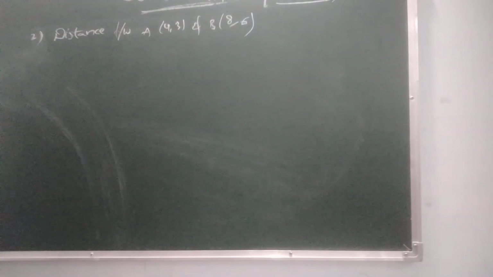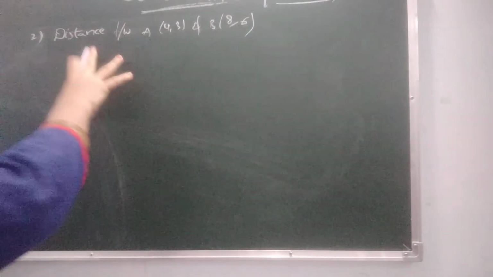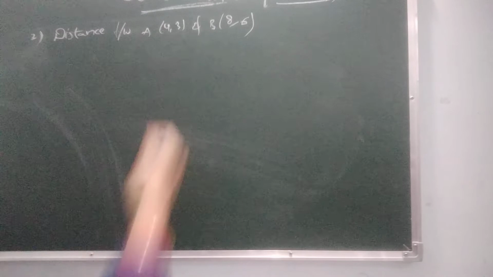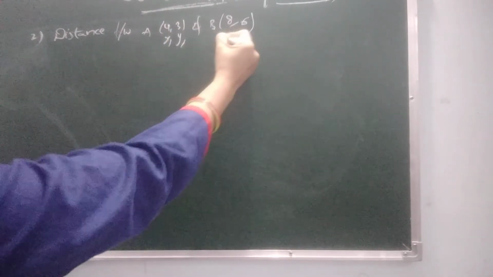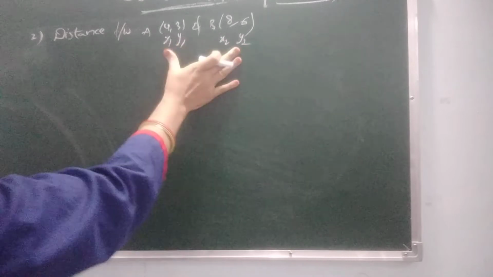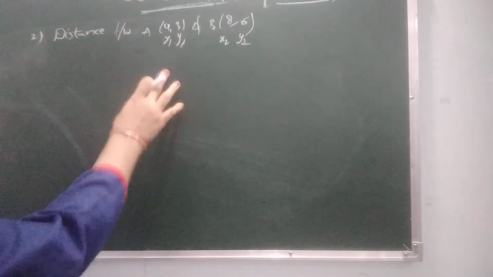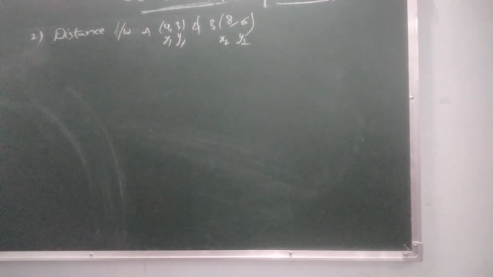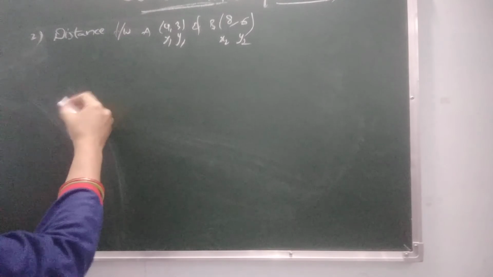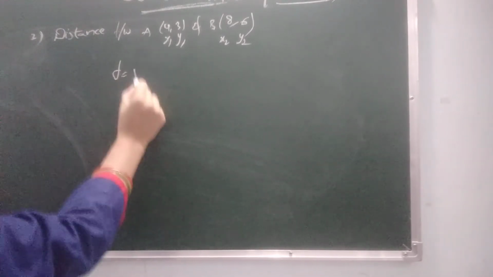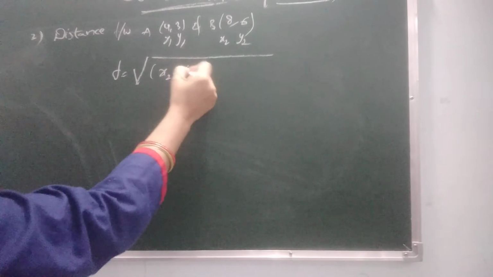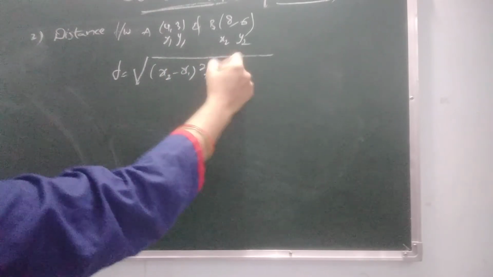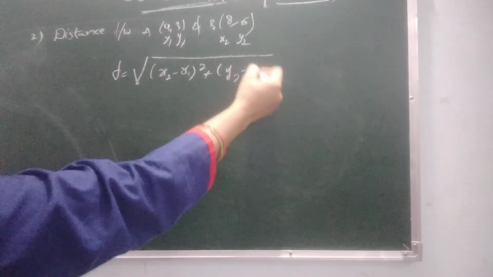We have to find the distance between A and B. Here see, the coordinates x1, y1, x2, y2 are all different. So in this case we have to use the distance formula. I already told you the distance formula: D is equal to root of x2 minus x1 whole square plus y2 minus y1 whole square.